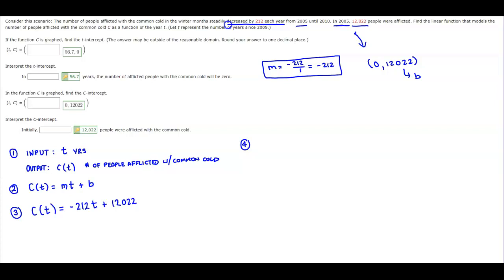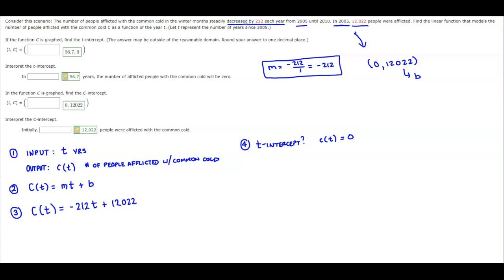So to find the t-intercept, we know that C of t has to equal 0.